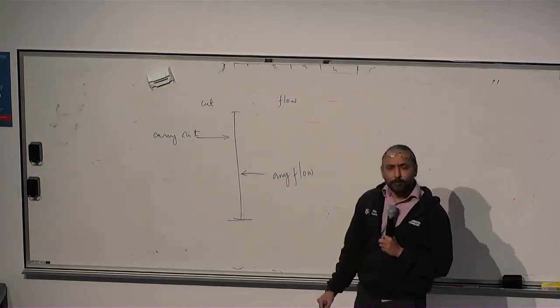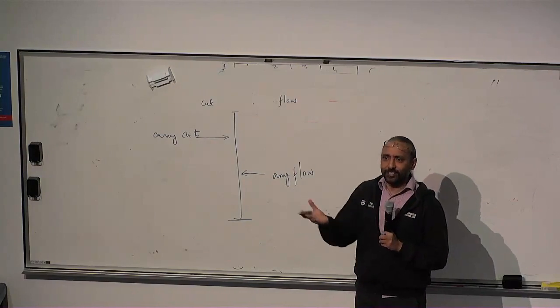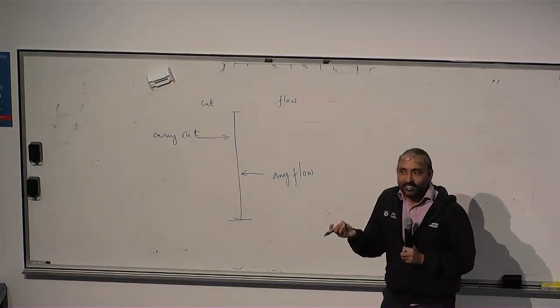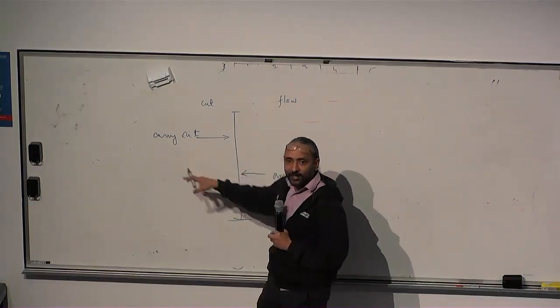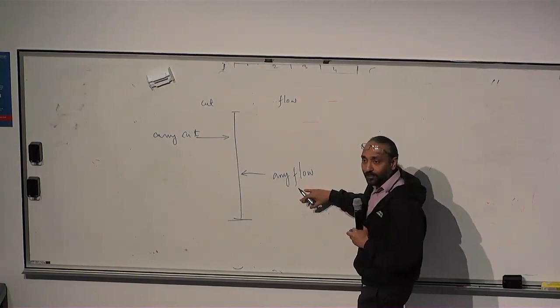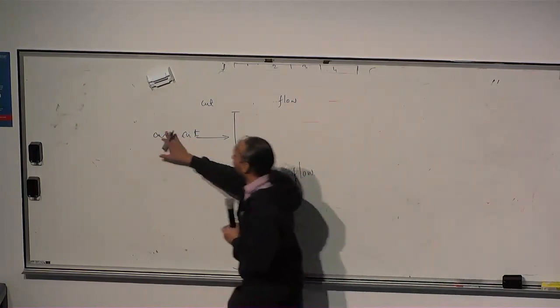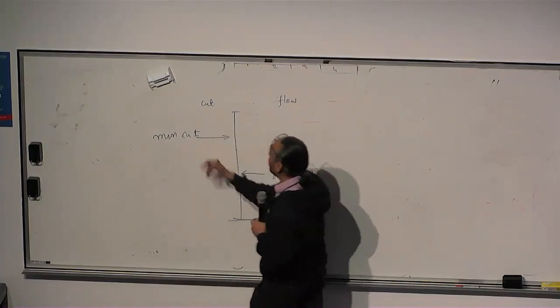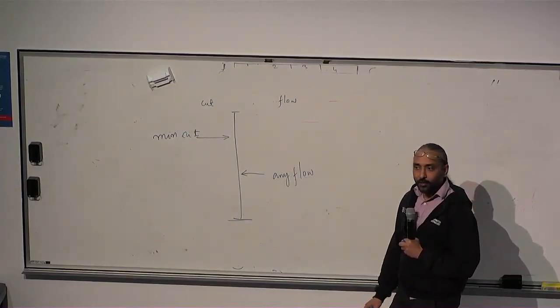Now, is a min-cut any cut? It's one of the cuts, isn't it? It's a special kind of cut, rather. It's any cut in the sense that it is a cut, isn't it? So when I said any flow, any cut, it also means that any flow has to be a lower bound on min-cut. So this statement is true that any flow would be less than or equal to a min-cut.